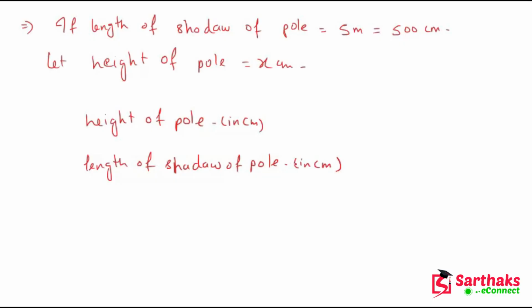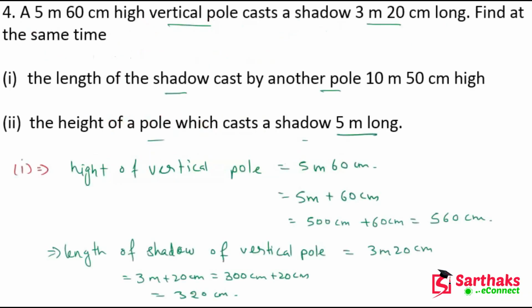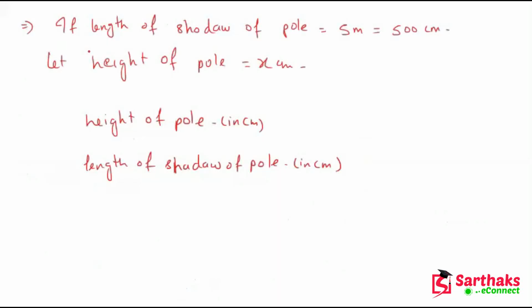The height of the vertical pole is 560 and 320 is the length of the shadow.